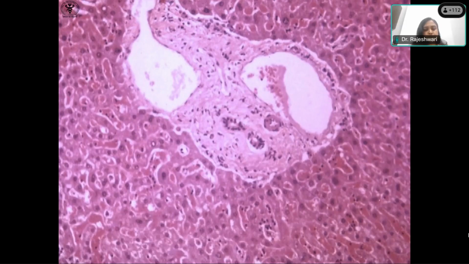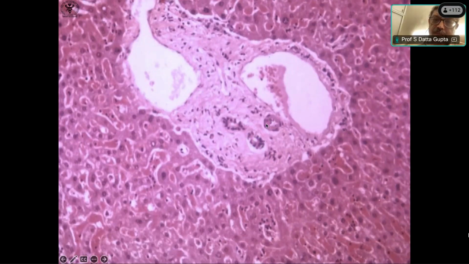You see now, the portal triad is called a triad because it has three structures. This is the vein. The largest and widest structure is the portal vein. Then you have the branch of hepatic artery and a bile duct here.